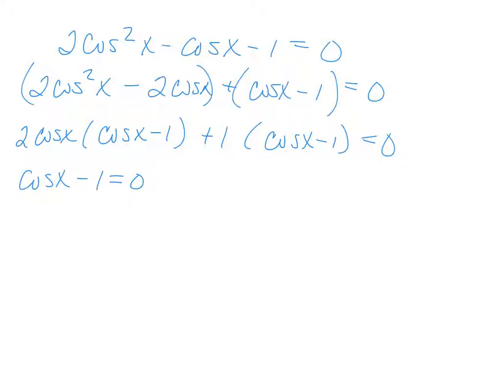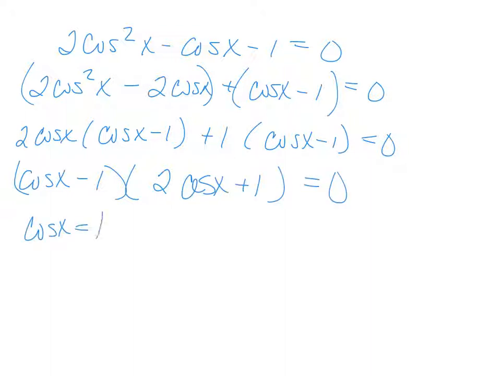Sorry, I'm skipping steps. I've got 2 cosine x plus 1 left over. So cosine x equals 1 when x equals 0. And then 2 cosine x plus 1.